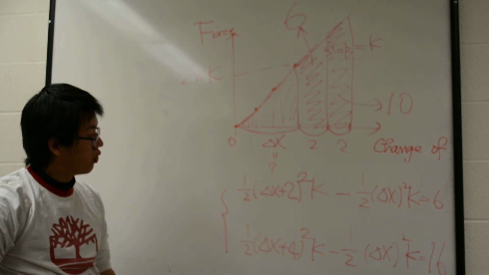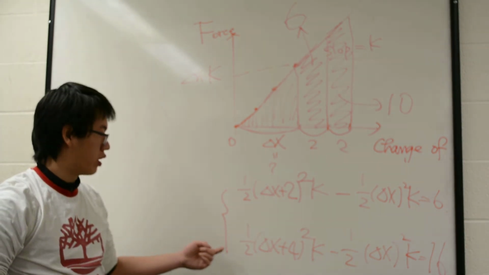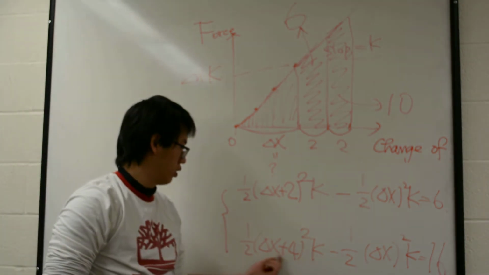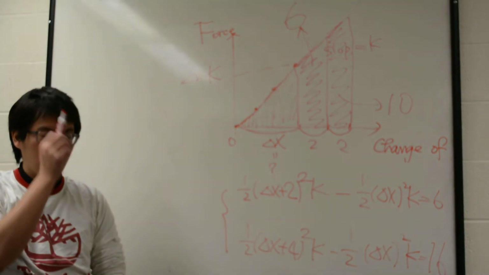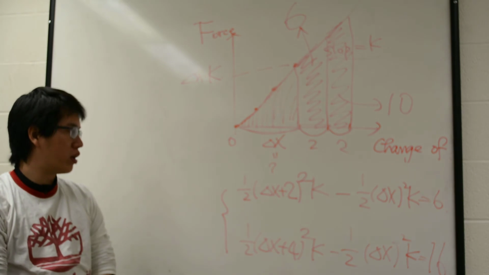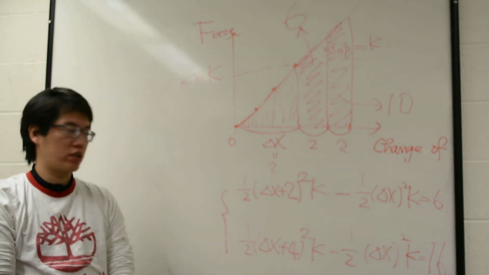Okay, so you have two equations and two variables. You can compute k and delta x out.